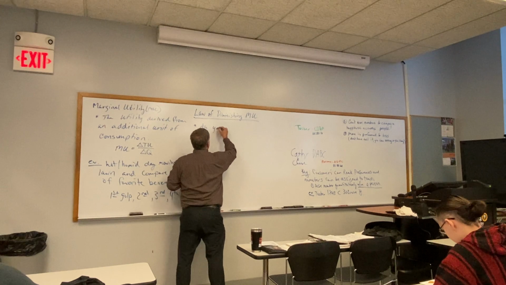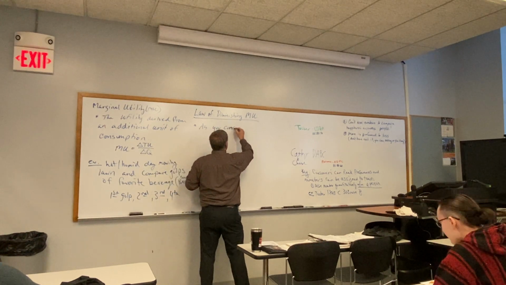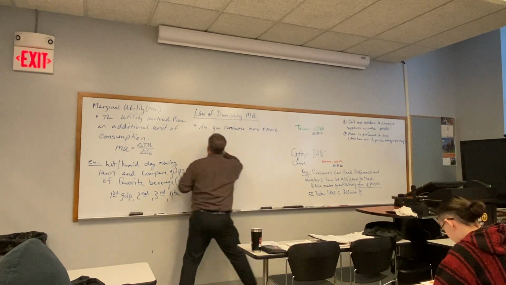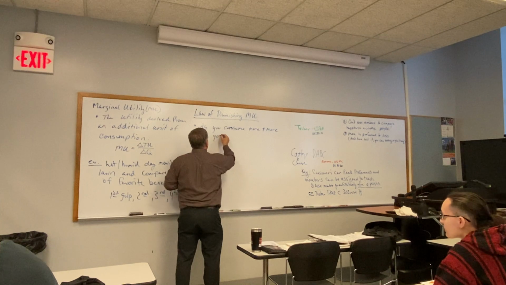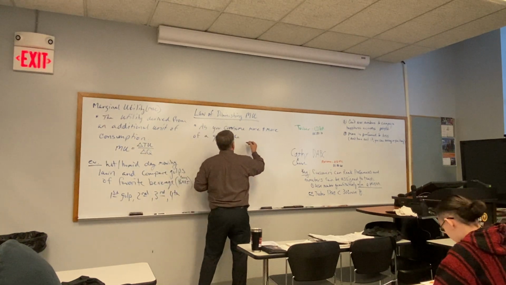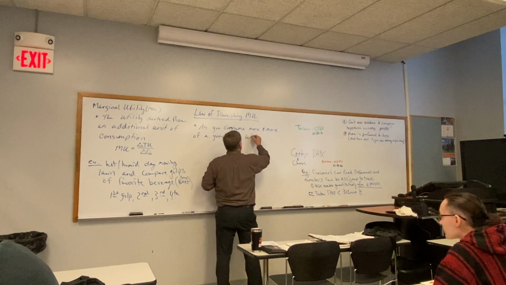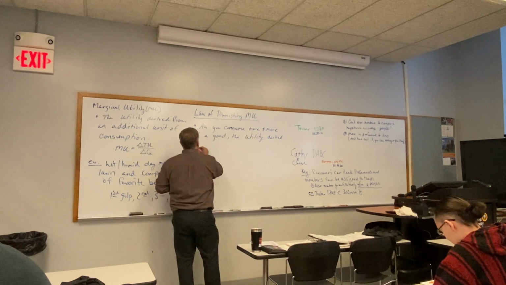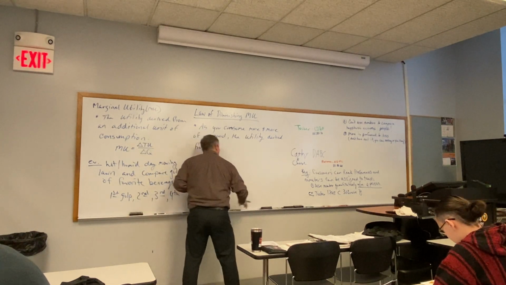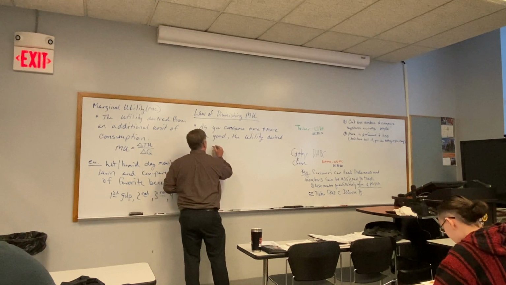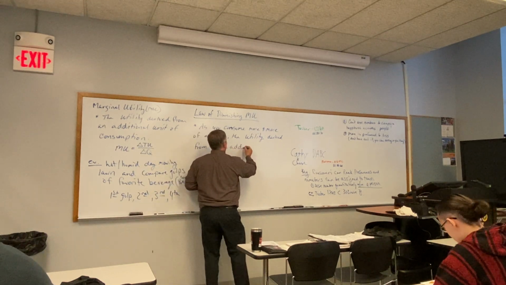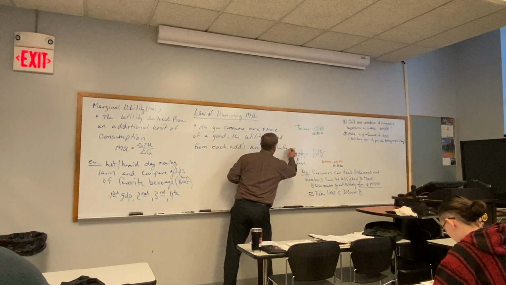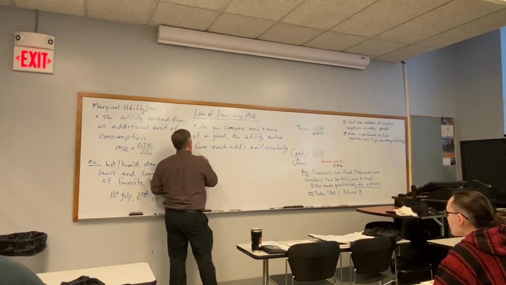As you consume more and more of a good, the utility derived from each additional unit eventually, it doesn't have to maybe right away depending on the good, but it eventually declines.